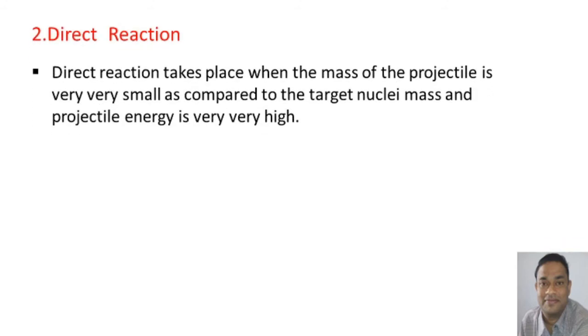The other theory which explains the nuclear reaction is the direct reaction theory. In the direct reaction theory, it is said that a direct reaction takes place when the mass of the projectile is very, very small compared to the mass of the target nuclei, and the projectile has very, very high energy.